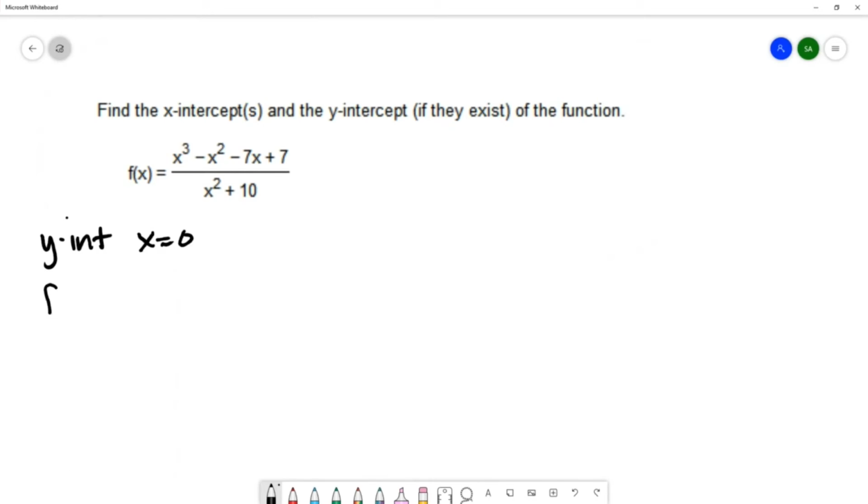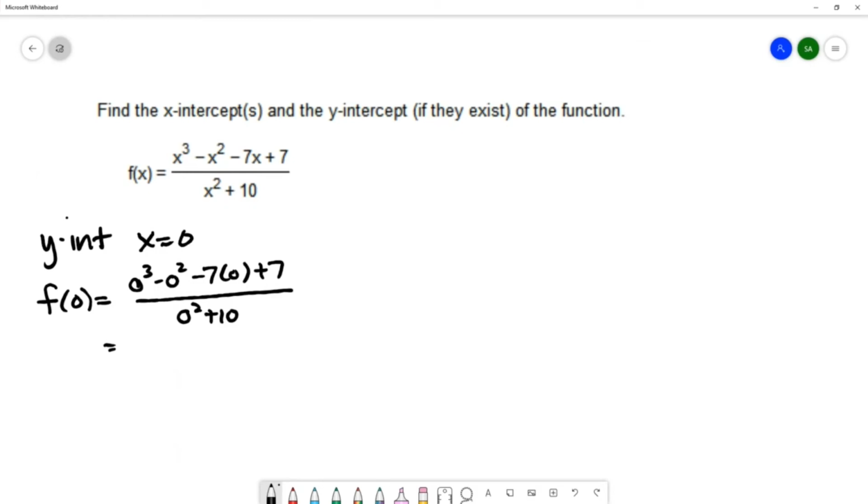So I want to substitute a 0 into the function, and that's going to give me 0 cubed minus 0 squared minus 7 times 0 plus 7 over 0 squared plus 10. So I substitute a 0 in for x, and I'm going to simplify.